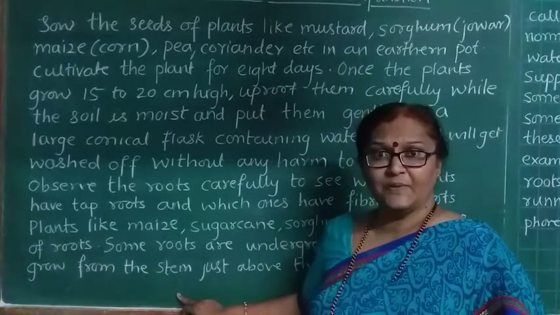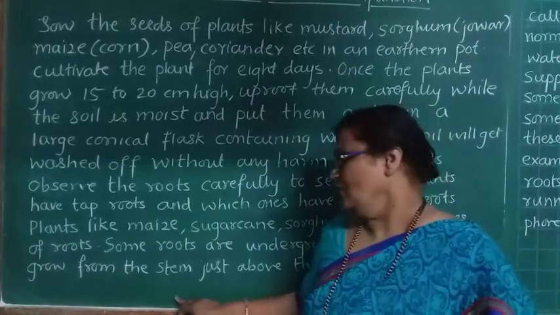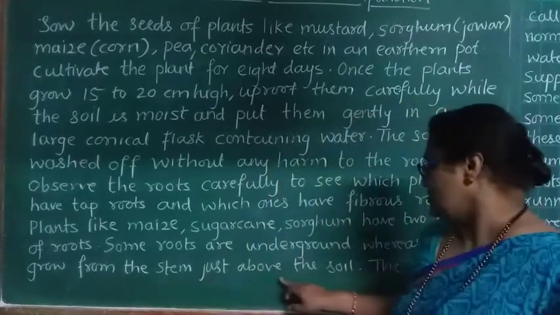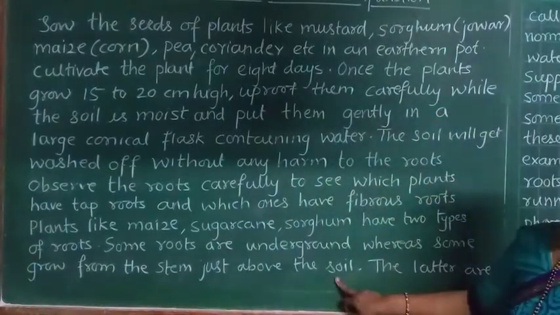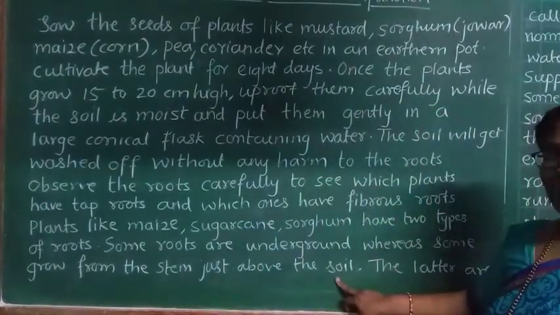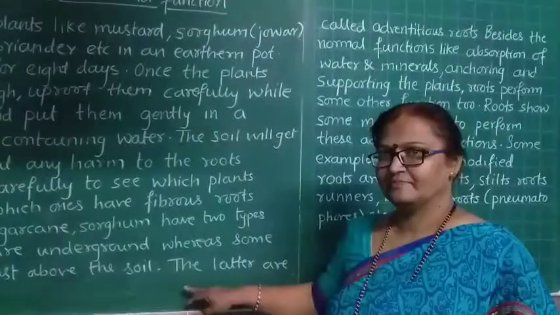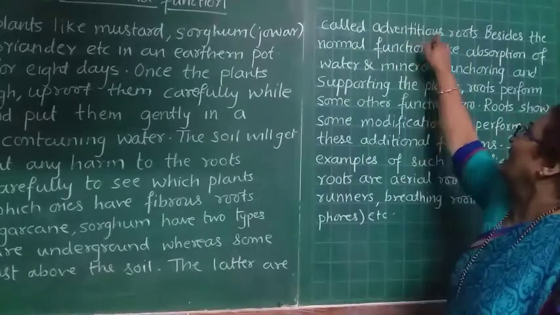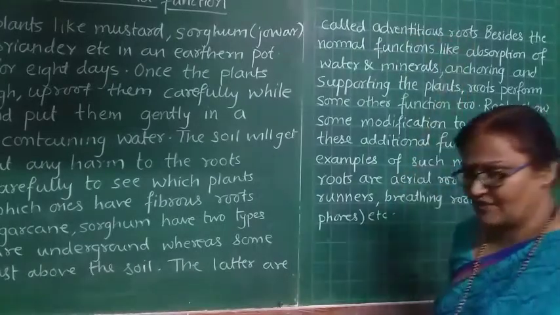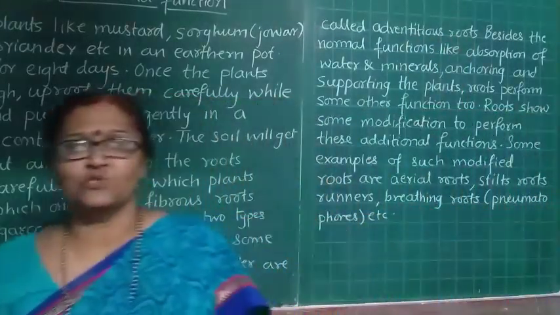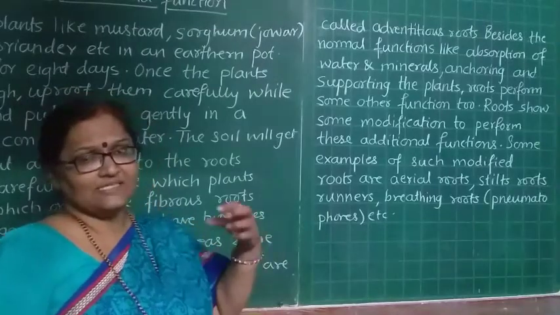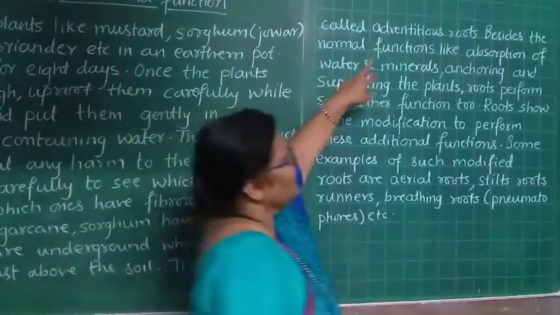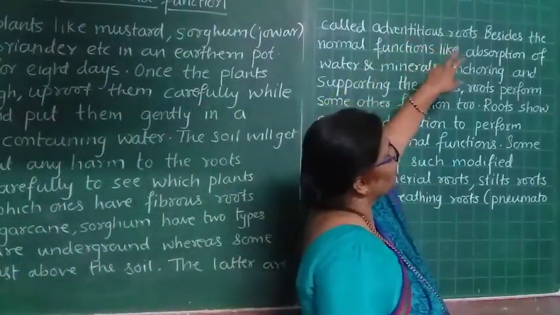One grows deep into the soil and one grows from the stem, just above the soil. The latter are called adventitious roots.